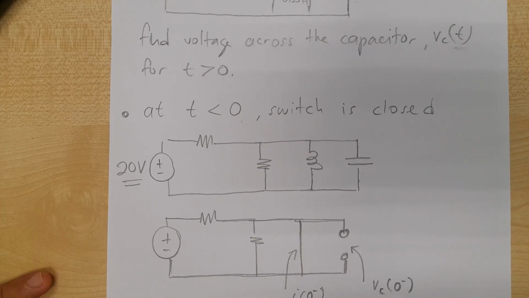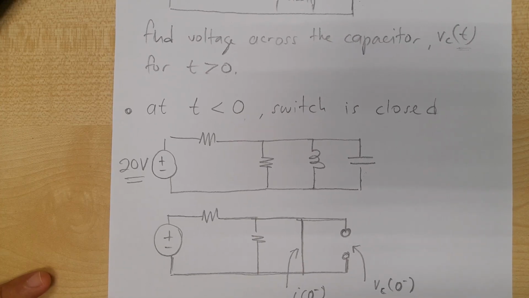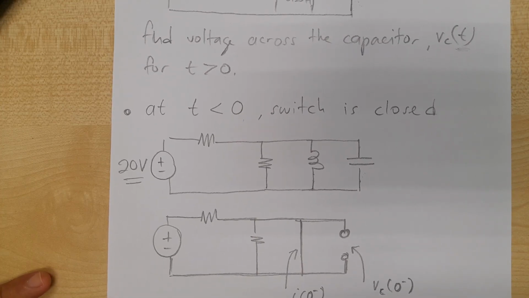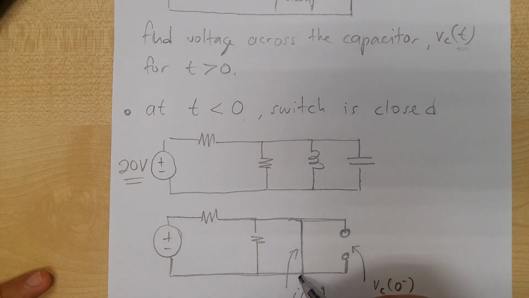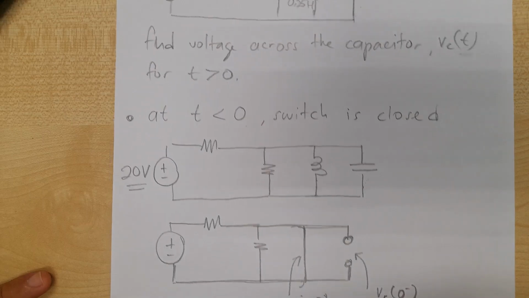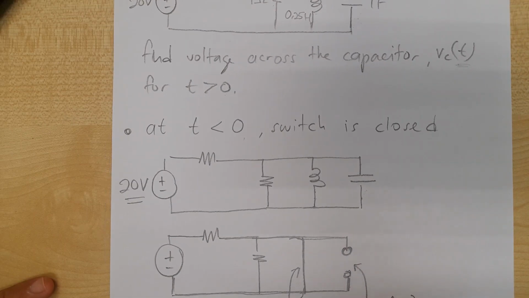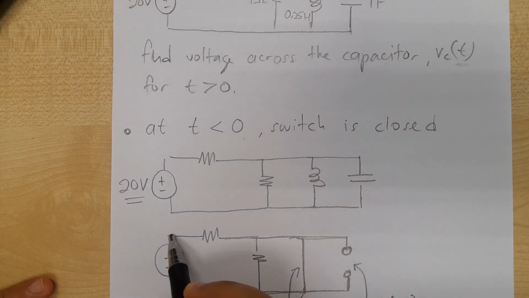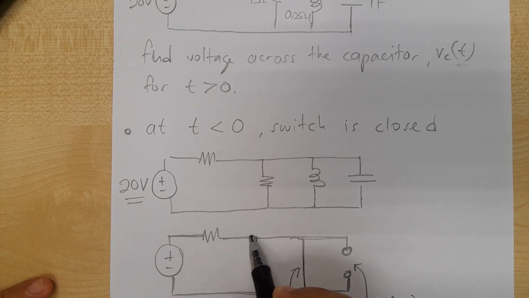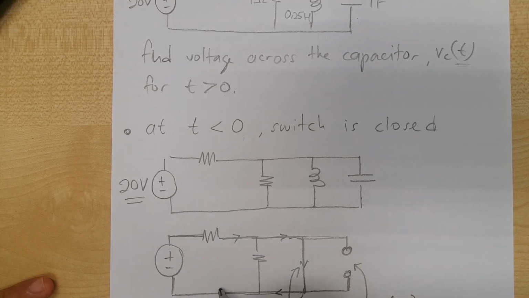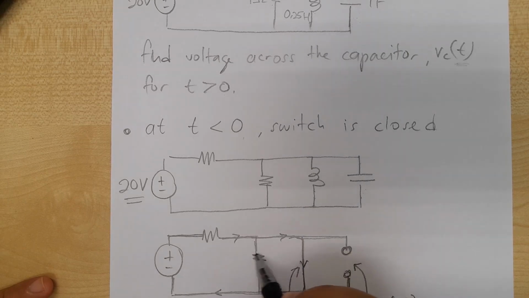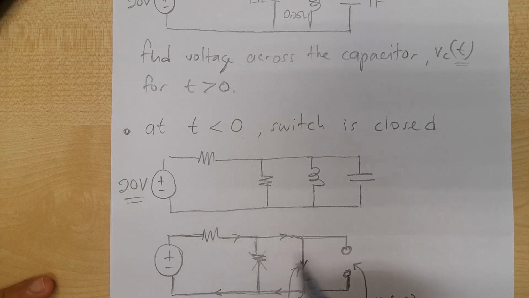Now we can calculate the initial condition of the inductor, which is the current that flows here, right? So that is basically the current here, to here, to here, to here. Since this branch has a resistor, the current will not flow here, the current will only flow here.